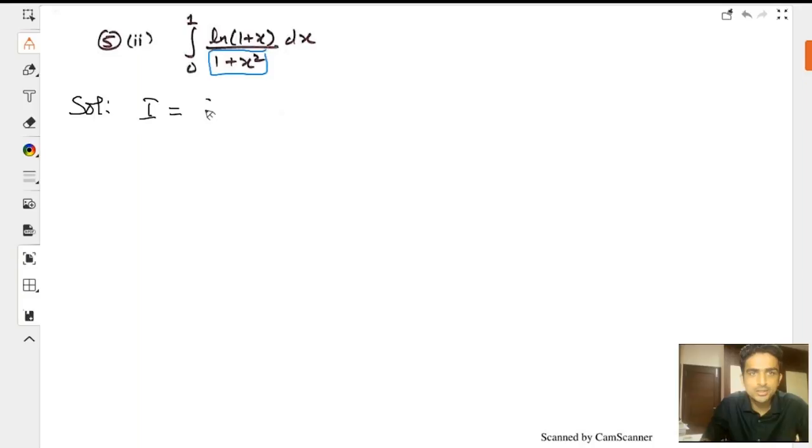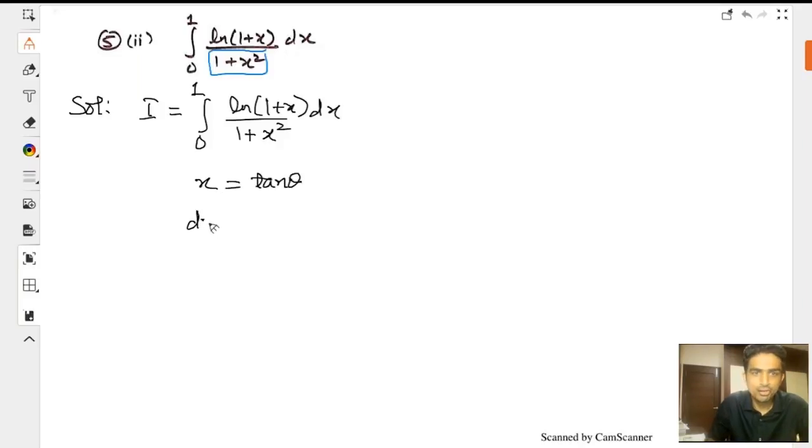So in this question, my first attempt will be trying the standard substitution. Put x equal to tan theta. So my dx becomes secant square theta d theta.